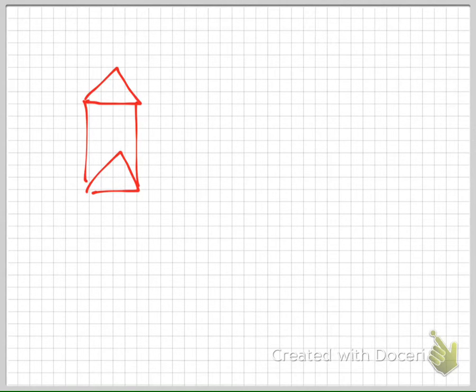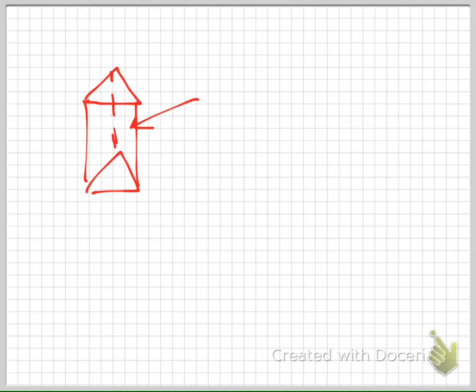A pyramid has a base that is a polygon. Okay, what's a polygon again? Polygon means many sides, right? Poly means many. So it has a base, and then here it's very simple. What are the faces on a prism?